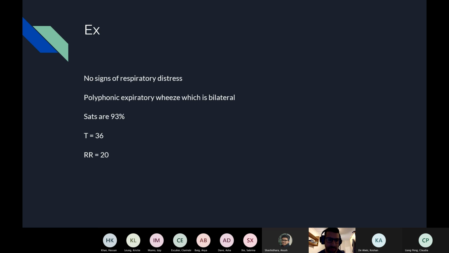Simple yes or no, maybe, I don't know. Yes, okay. Anyone not worried about this patient? 93% sats. Okay, nice. So I'm guessing we're all worried or we all don't know.